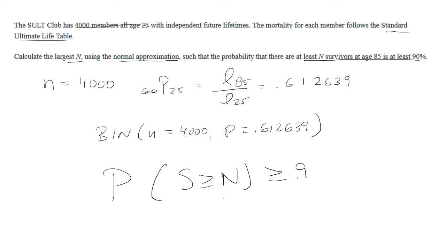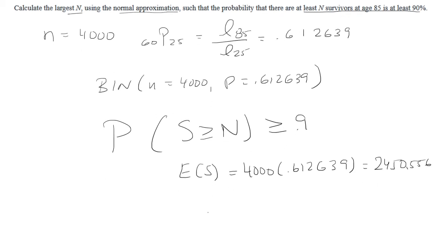But because we're doing a normal approximation, we want to find the mean and the standard deviation. So the mean, let's say expected value of S, is NP. Okay, and then for the variance, that's just going to be NPQ.